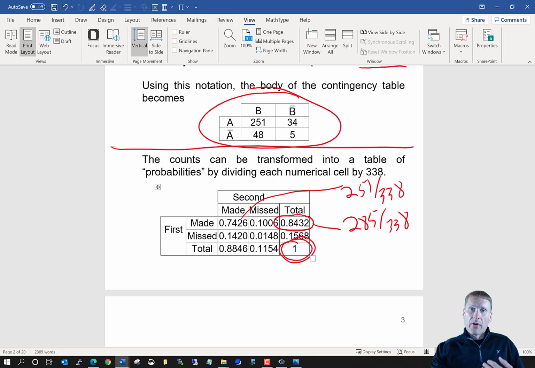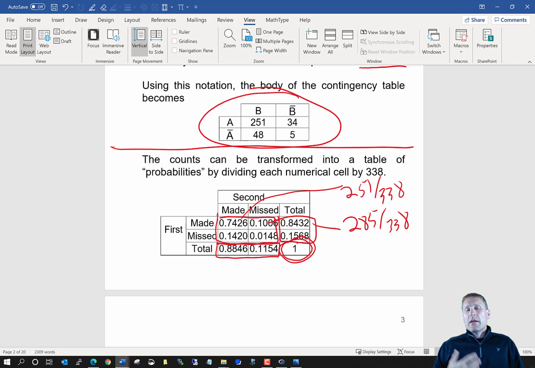Because if you remember in terms of the counts in the contingency table, we have 338 right there. So what this is basically doing is simply adding up all the corresponding probabilities in the table at that location. Also notice how it's adding up these probabilities on the margins as well.